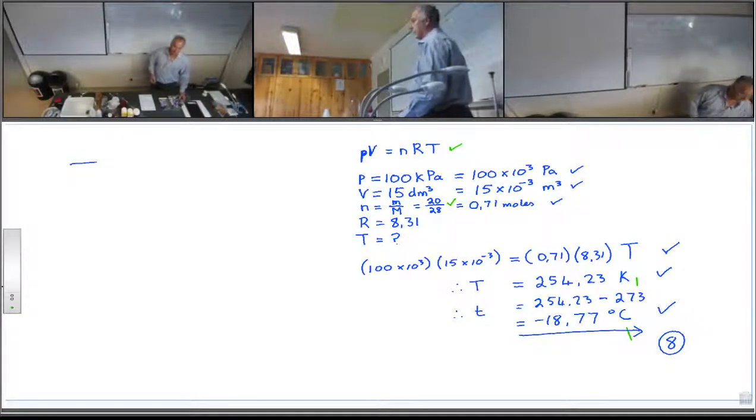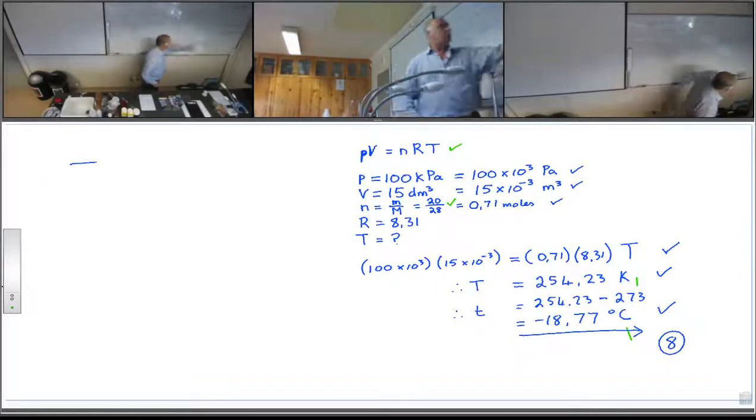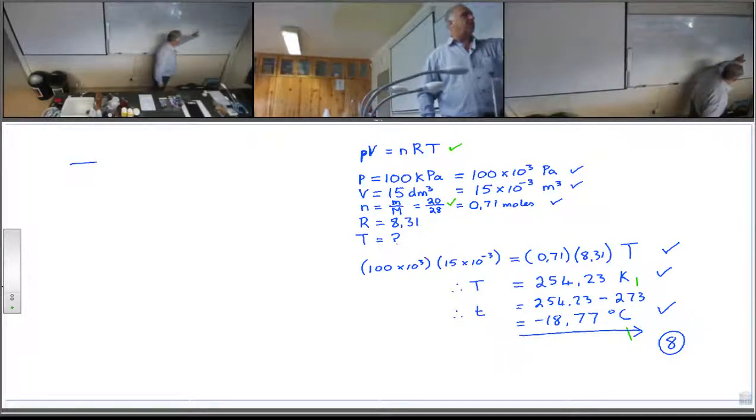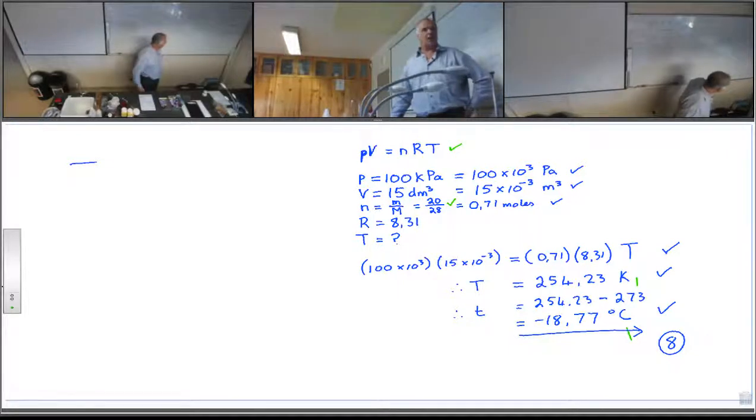So you substituted 20 over 28 there. Yes, it will give you a slightly different answer because you're not rounding off. 2 degrees, that's fine. It will be carried through.